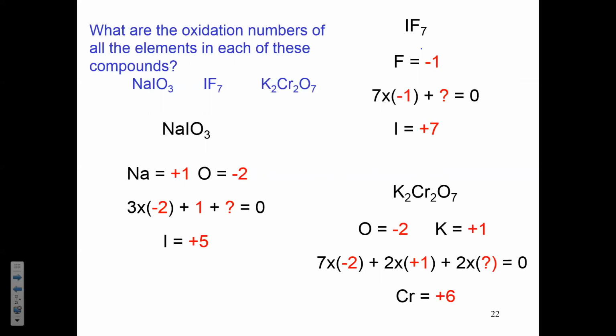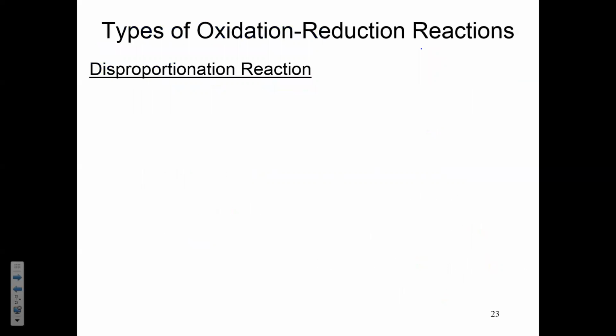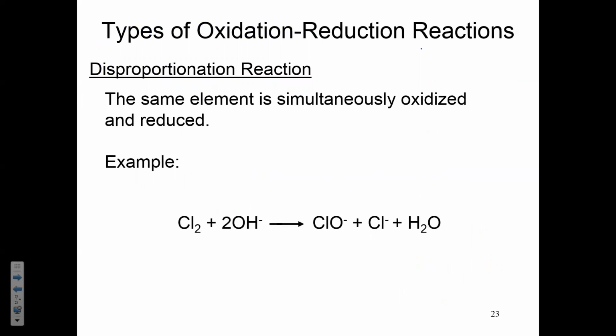We're going to do the same thing within the equations then. Okay, so within oxidation reduction reactions, we can take this entire equation and break it down just the way we just did.